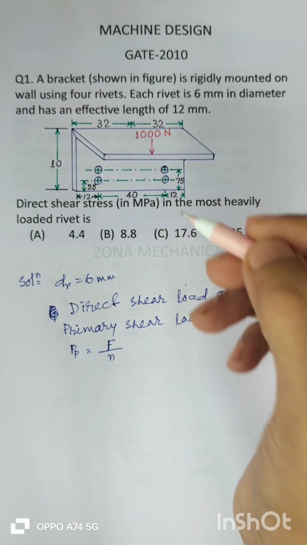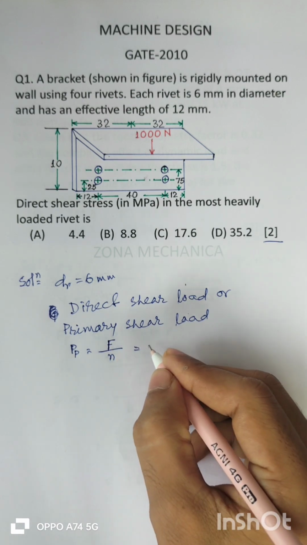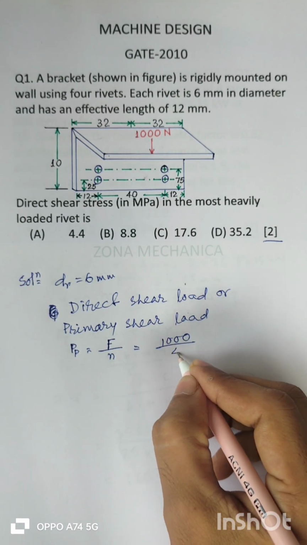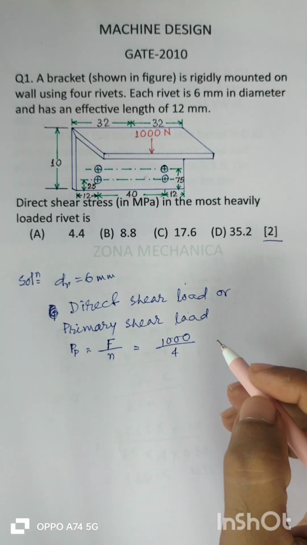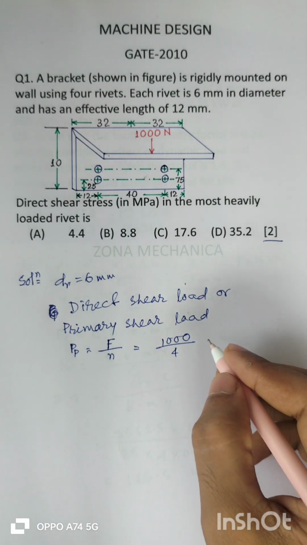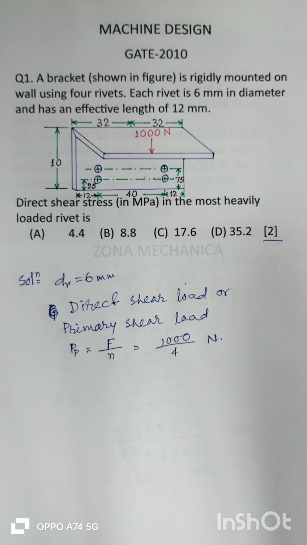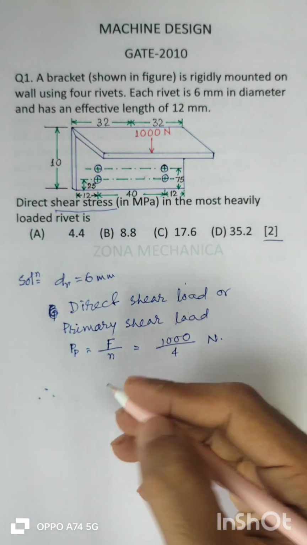Each of the rivet will be sharing same load, so F by N, that is 1000 Newton by 4. Number of rivet is 4, so this is the load shared by each of the 4 rivets, so this much of Newton.